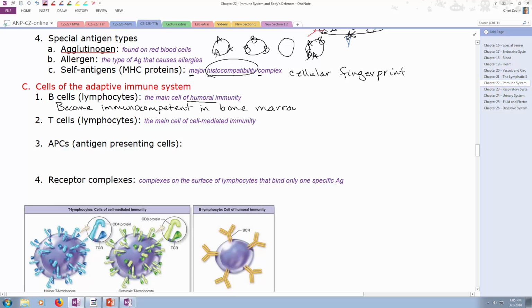So that's where they get their training or indoctrination. And then the T cells become immunocompetent in the thymus.